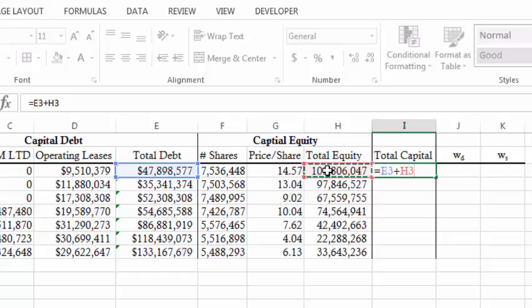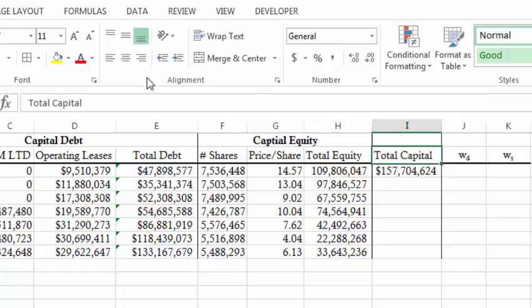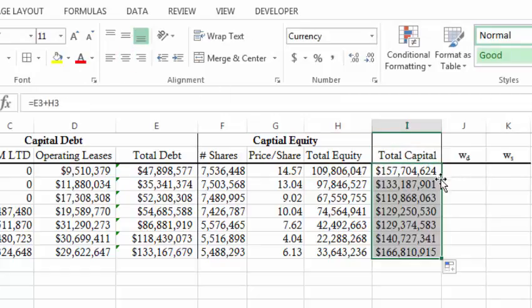If you have preferred stock, please email me because I'm going to be really shocked. And then I'll have to put something out there that says, here's how you do it with preferred stock. But let me know if you do have some. And there is the total amount of capital.